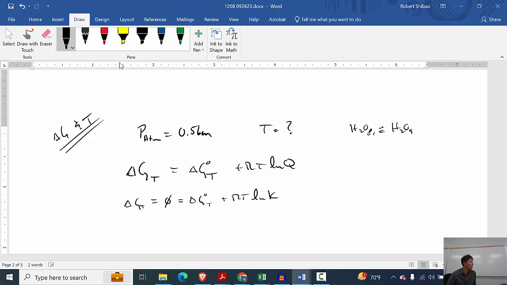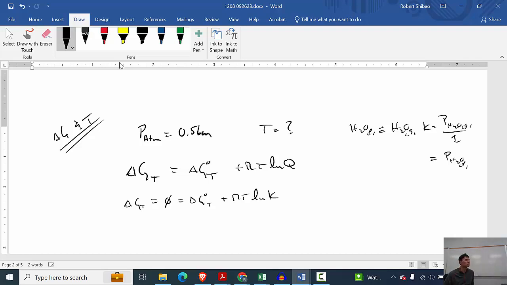This is the H2O gas. So K is the products over the reactants, and since these are gases, it'll be H2O gas over 1. The activity of a pure liquid is just 1, so K is equal to the partial pressure of H2O gas.